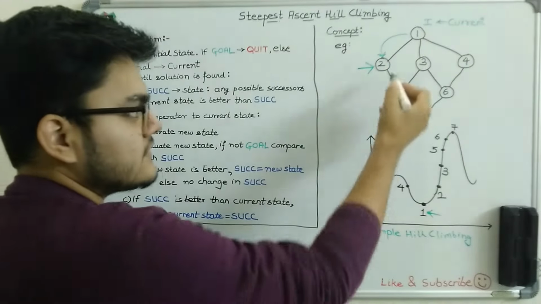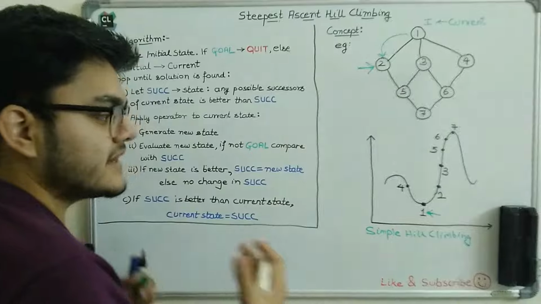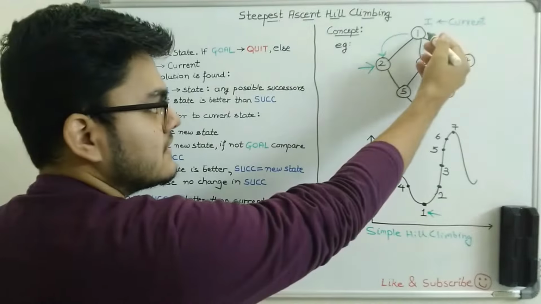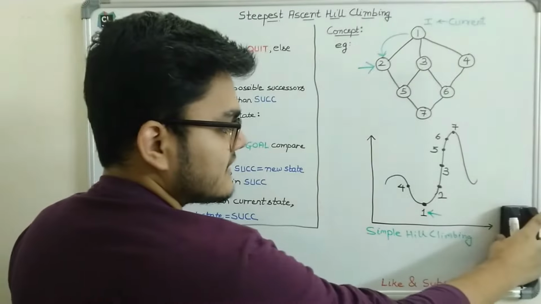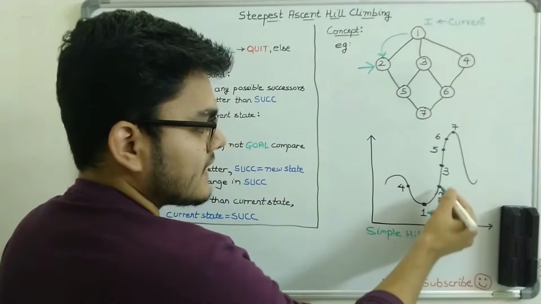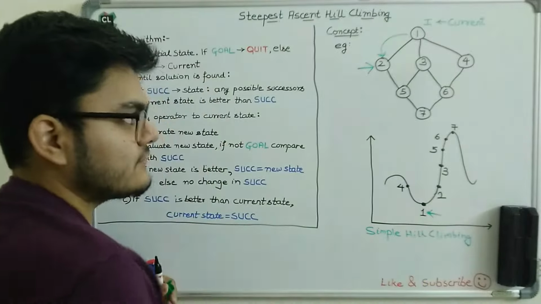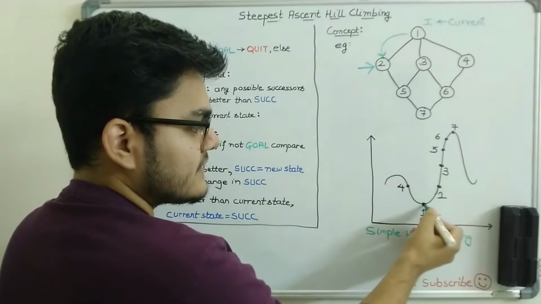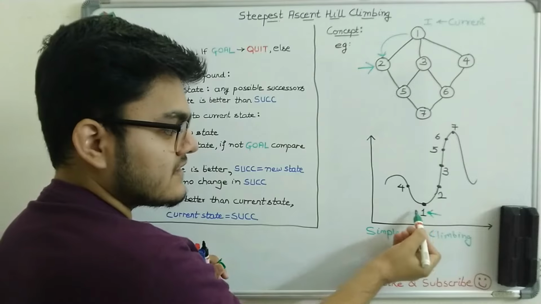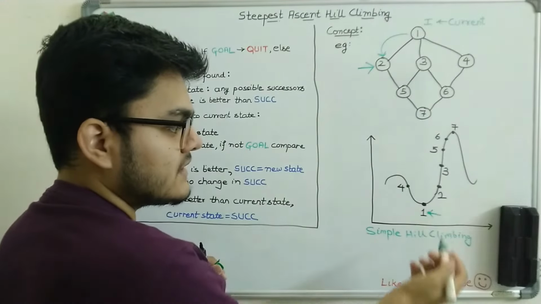So if this next state has a better heuristic value than the current state, we are going to reassign current to this next state, right? So first we compare the heuristic value. Now let's say after comparison, you can see that 2 has a better heuristic value than 1. You can see that from the graph itself.